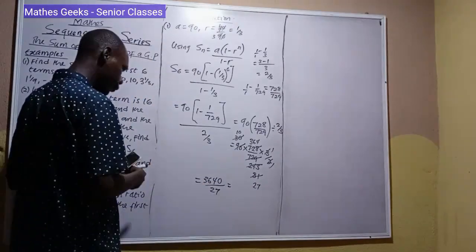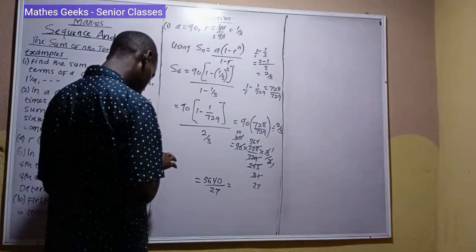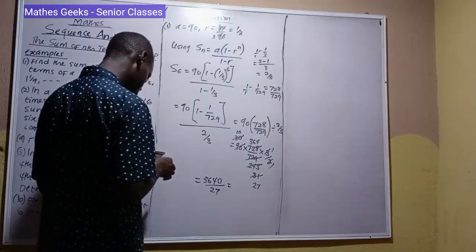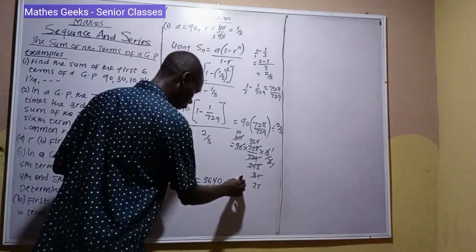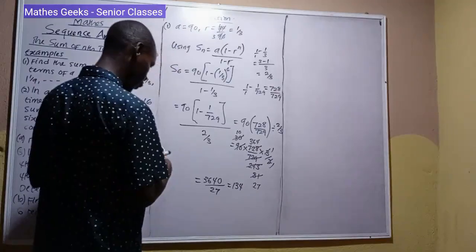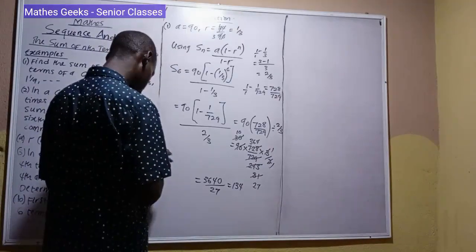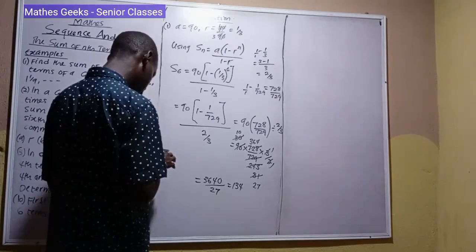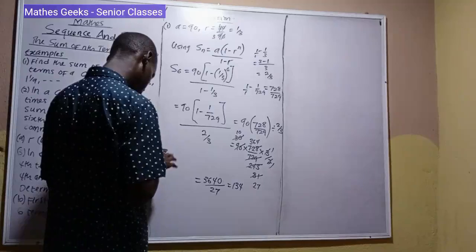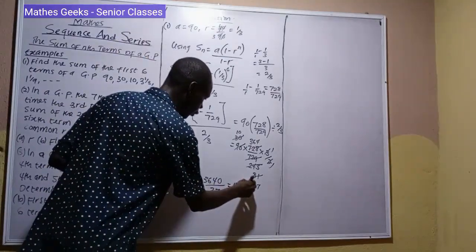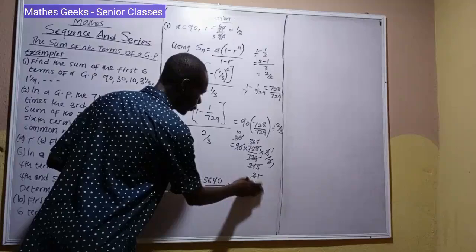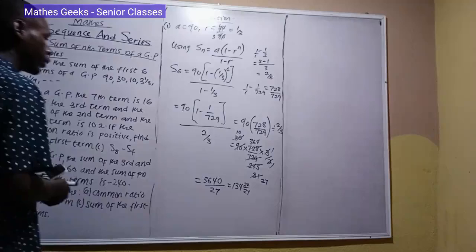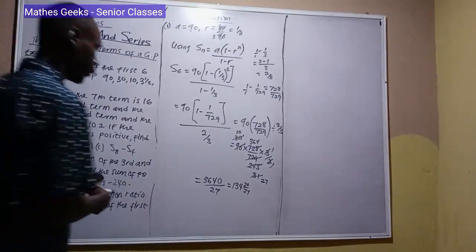That will give us 134 whole number 22 over 27. So the final answer is 134 and 22 over 27.